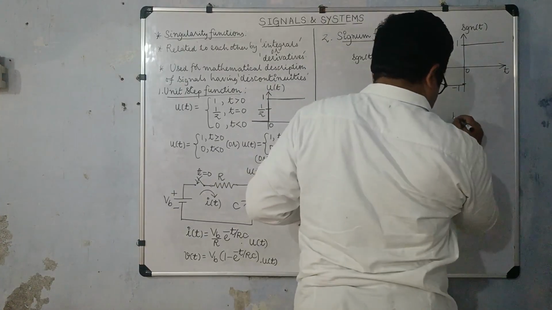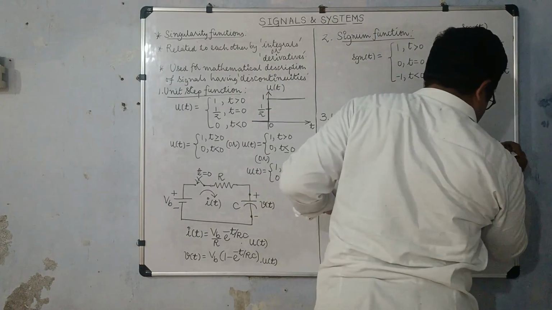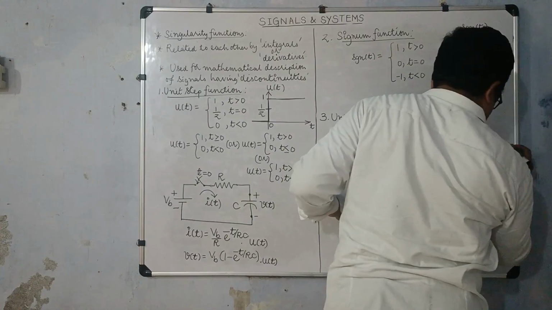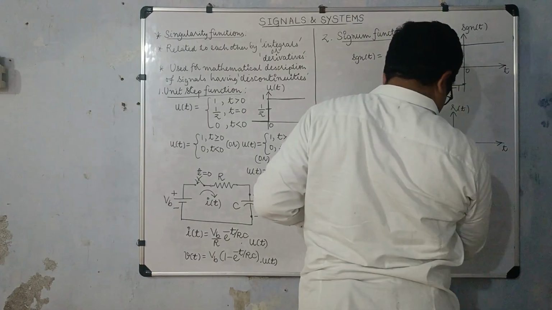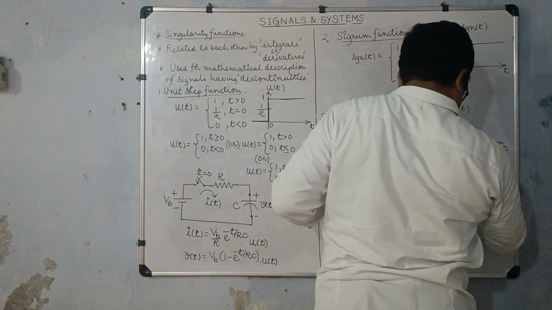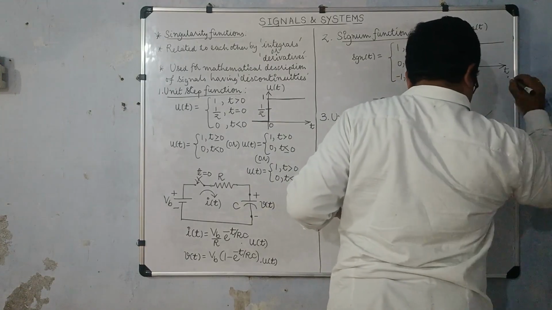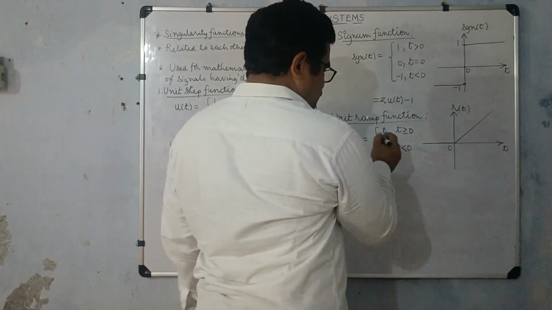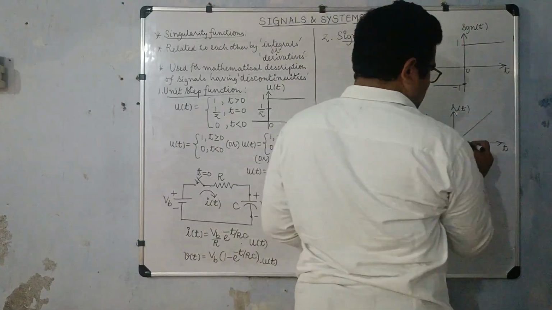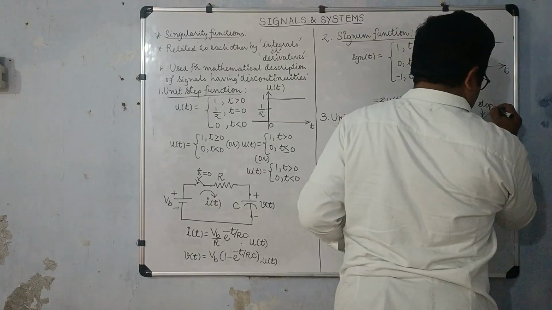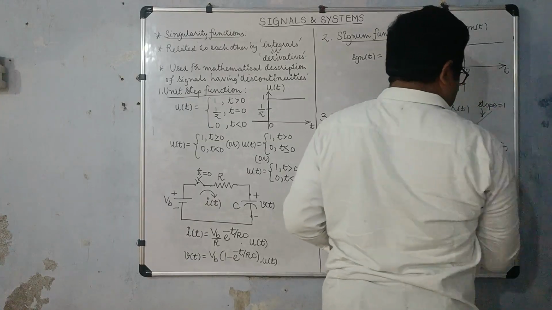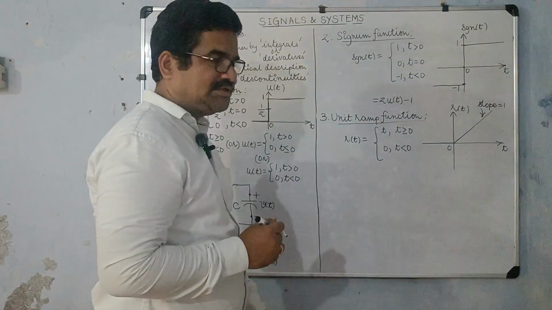That is, the ramp function is increasing in proportion to time. R of t is 0 for t less than 0. From t equal to 0, it is increasing linearly with respect to time with a slope of 1. t can be written as 1 into t. So what is the slope? Slope is equal to 1. That is why you call it a unit ramp function.